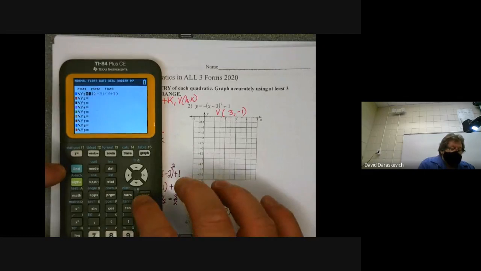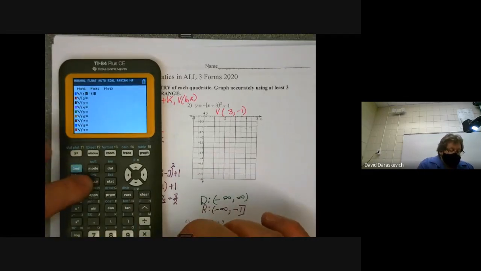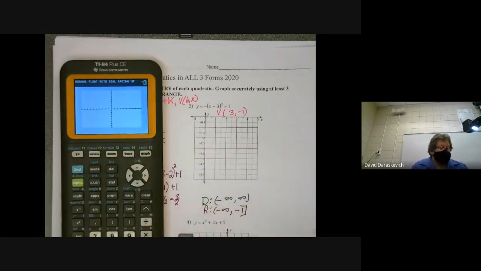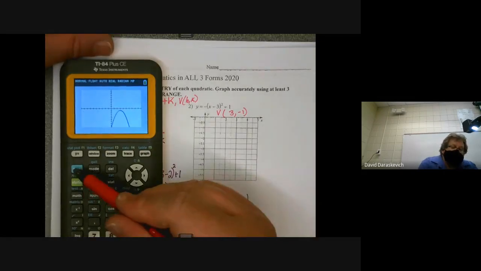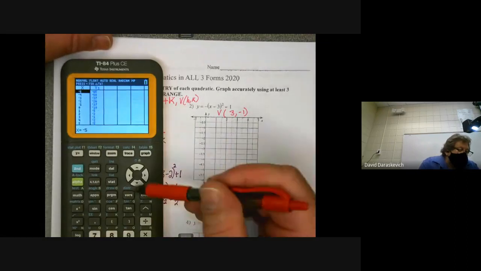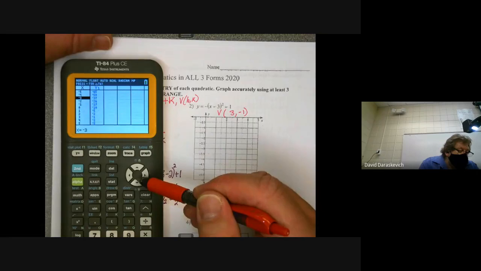All right, negative (x minus 3) squared minus 1. Going to graph it. Going to go to my chart of numbers. So I'm going to hit second, graph, and I'm going to try and find my vertex.